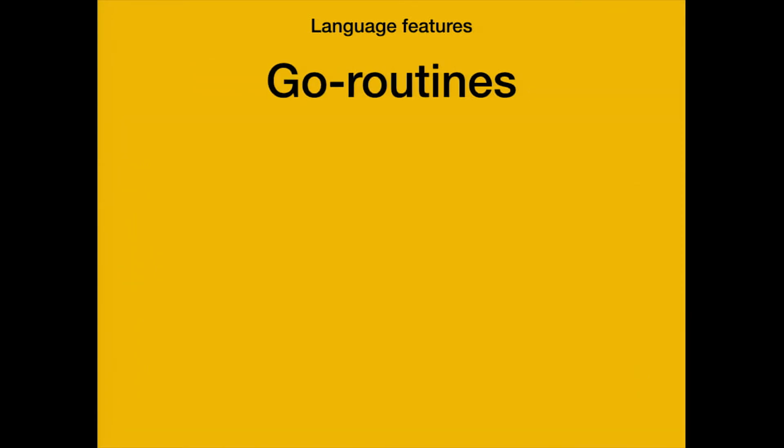Go routines are, I think, one of the most fascinating things of the Go programming language. That's what makes the language distinct over other languages that allow for concurrency at the moment. I'm going to explain this with a little example. Go routines allow for concurrent program execution.